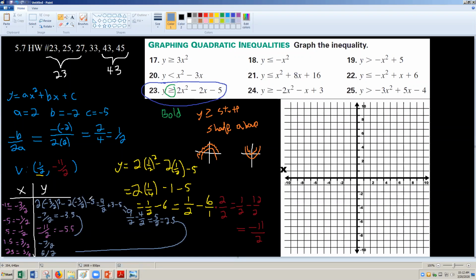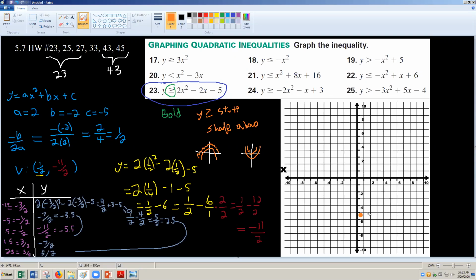So now with these points, I'm just going to graph them. So let's do orange for graphing here. They don't need to be super, super perfect, so don't worry about that. So I got 1/2 and then -5.5, I don't know, puts me somewhere like that.